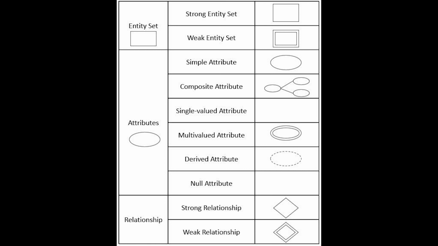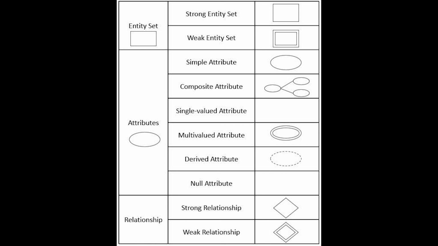Then we have single-valued attribute type, which means there can be only one value for that entity. For example, social security number is a single-valued attribute type since you cannot have more than one social security number. Multi-valued attribute types, on the other hand, means you can have more than one value, like email addresses or phone numbers, because technically an entity can have more than one email address or phone number.